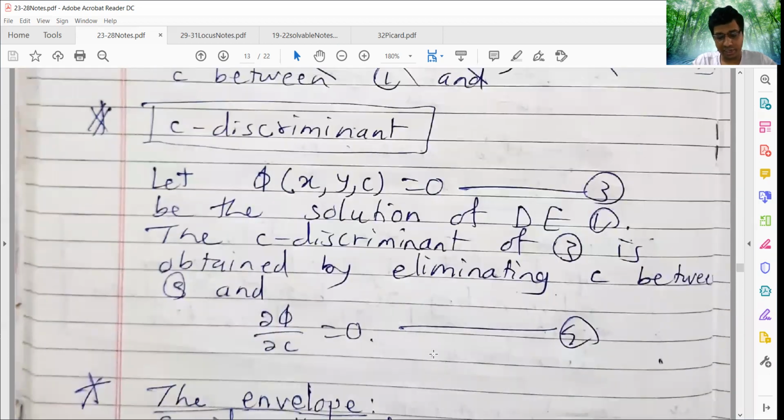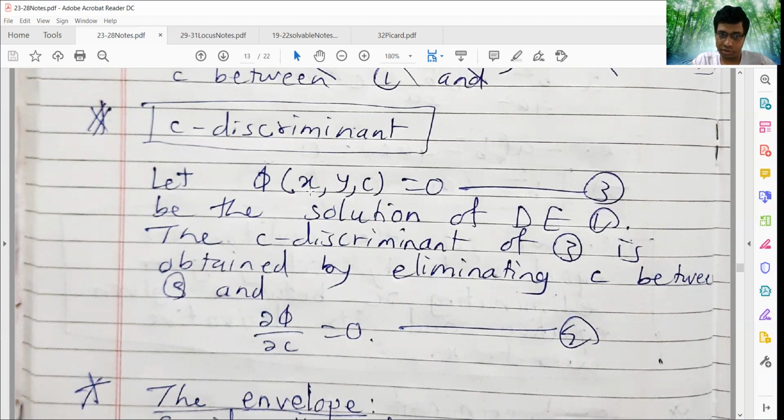Similarly, there is the c discriminant. We know that p is dy by dx and appears in the given differential equation, and c appears in its general solution. Suppose f of x y p equal to 0 is the given differential equation, and we have found the general solution, namely phi of x y c equal to 0.